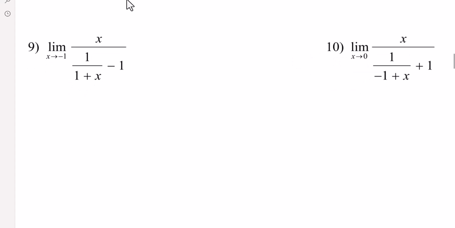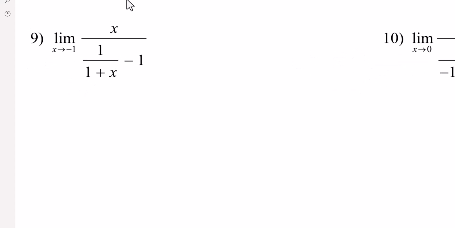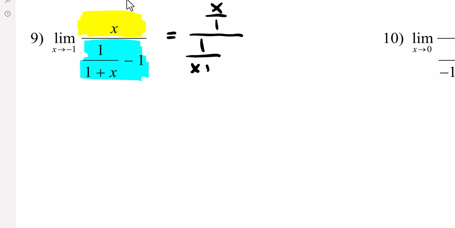All right. I don't think we did one of these. We're going to do some simplification first. In the numerator, since the complex part is not there, I'm just going to rewrite x as x over 1. It'll simplify things later. Now, all of our attention is down here. So we have 1 over x plus 1, and now we're subtracting something.